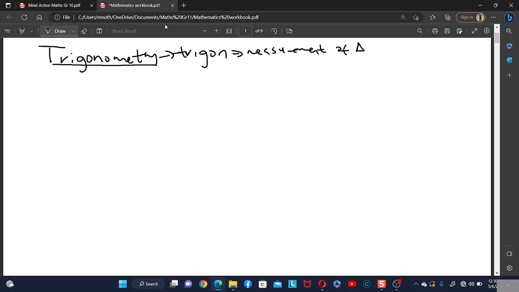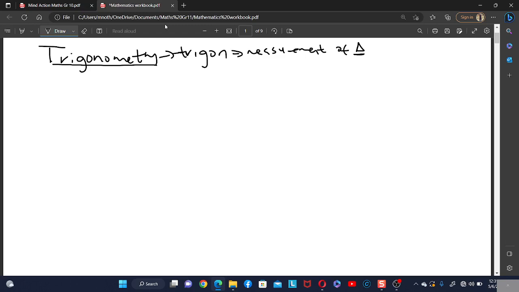So actually, in trigonometry, we are focusing on the measurement of triangles.